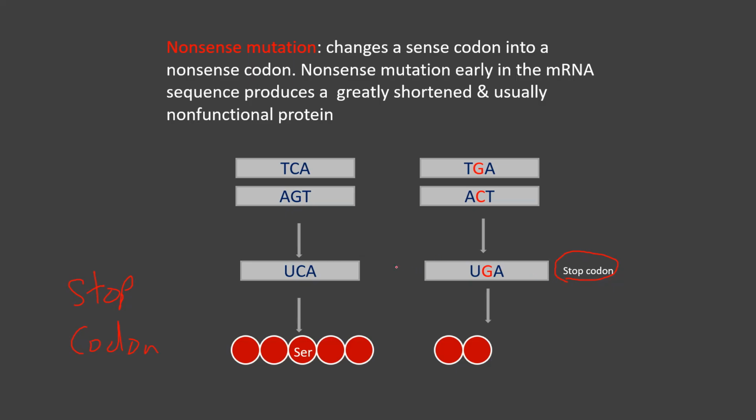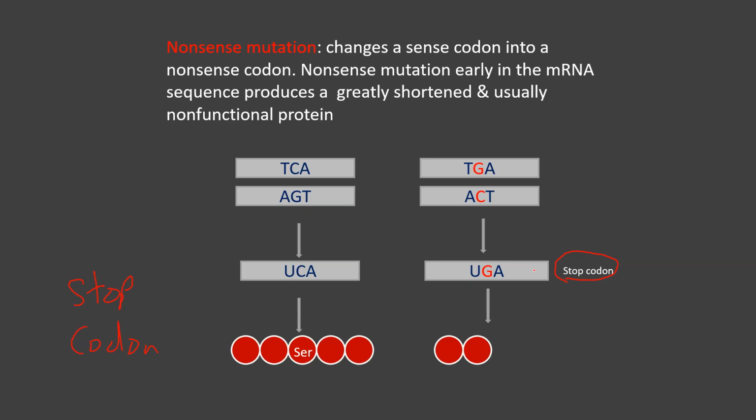So when you're reading the mRNA, trying to build your lovely protein, you hit the stop codon halfway through, and of course, you stop making a protein there, you kick out the mRNA. So now instead of having a functional protein, you have half a protein, right? That is a nonsense mutation.